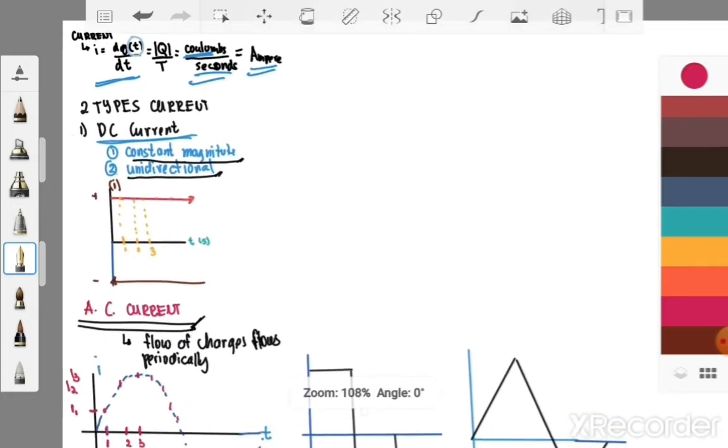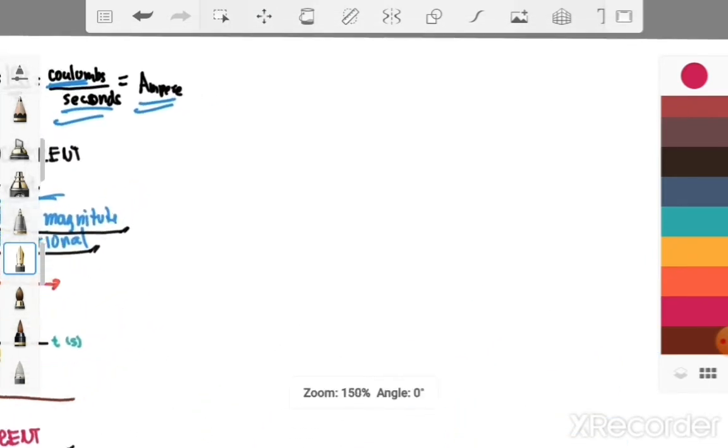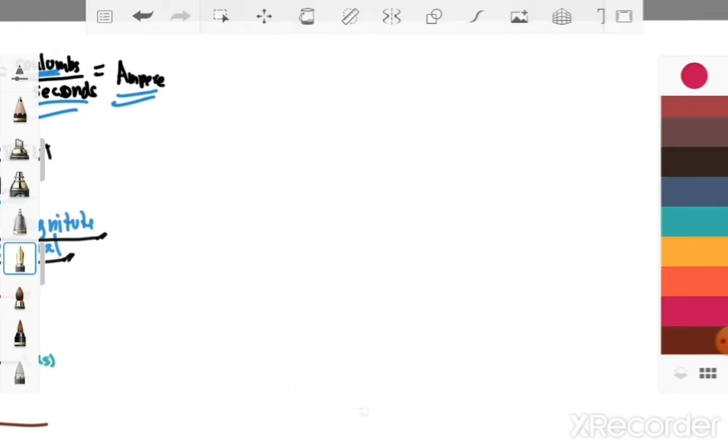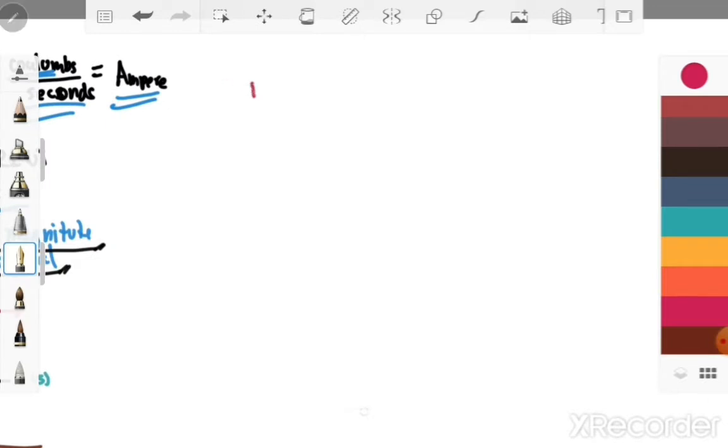So there are two types of flow that we would use in this lesson, or in the topics that will come. So we have number one, your conventional flow of current.